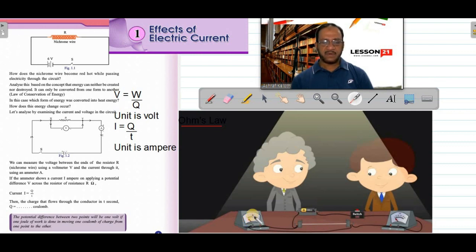As you know from the previous discussion, the voltmeter should be connected in parallel. You can see the red terminal, positive, is connected to the point where the positive of the cell is coming, and the black terminal, negative, is connected to the other point of the high resistance wire, where the negative of the cell is reaching. It means the voltmeter is connected in parallel.